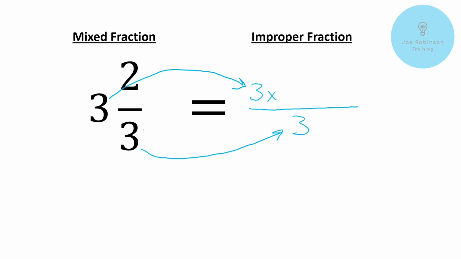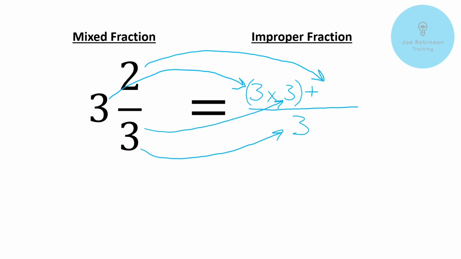So this 3 now comes over to here, so we've got 3 times 3. What we're basically saying is, how many thirds are there in the whole ones? That's a little calculation in its own right, and then we're going to add on to that whatever number we've got here.